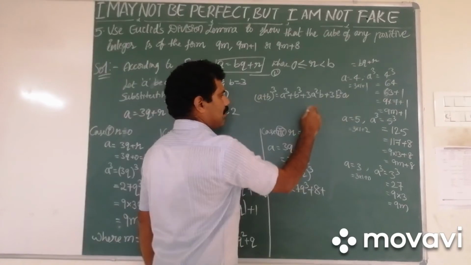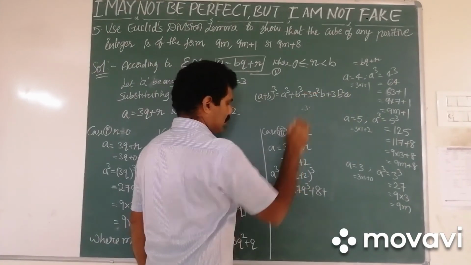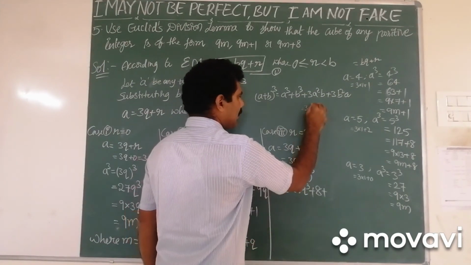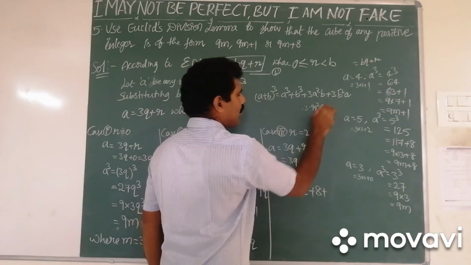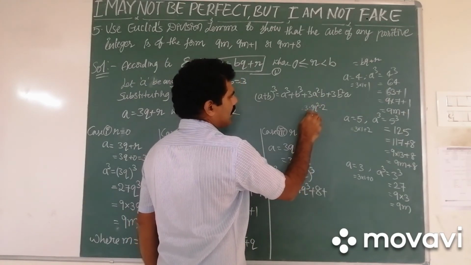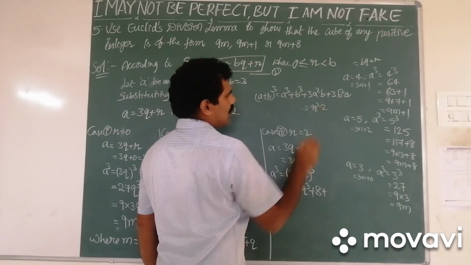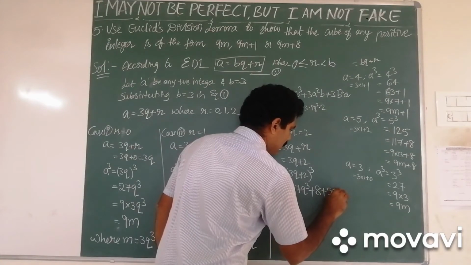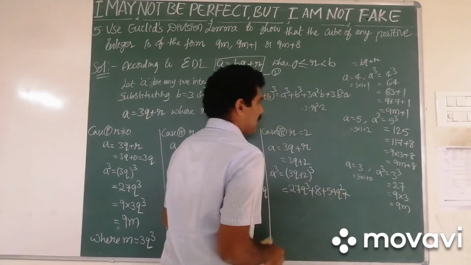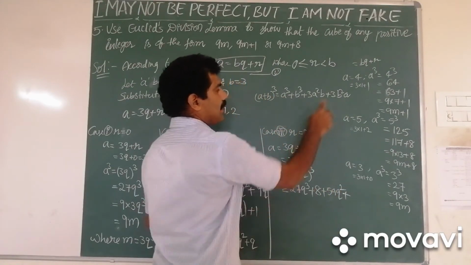3a square b means 3 into a square. a square is 9q square into b. b value is 2. Now I can write 3 nines are 27, 27 twos are 54, 54q square, plus now 3b square a.